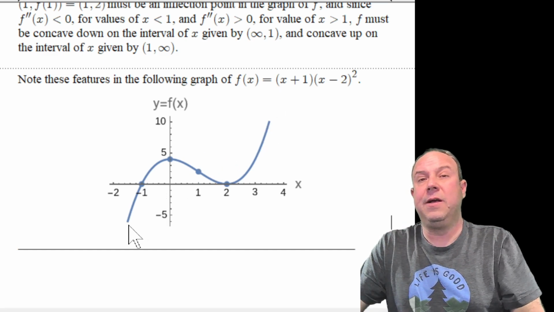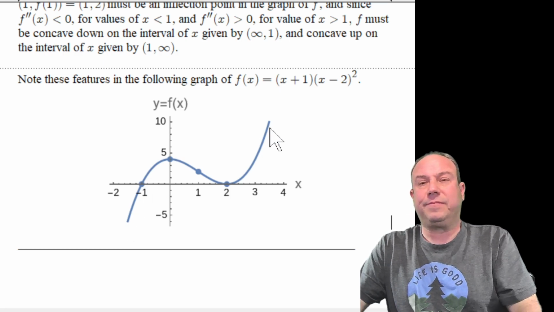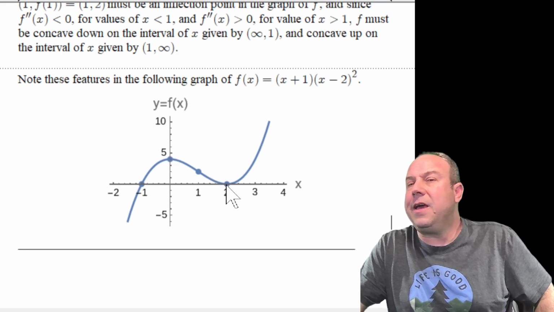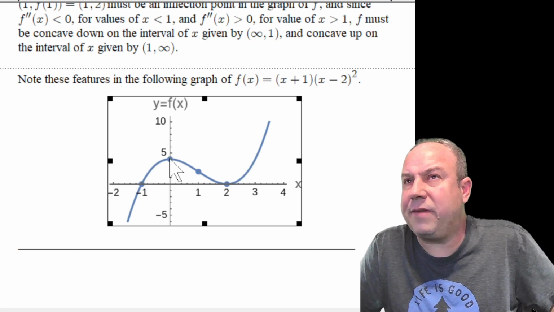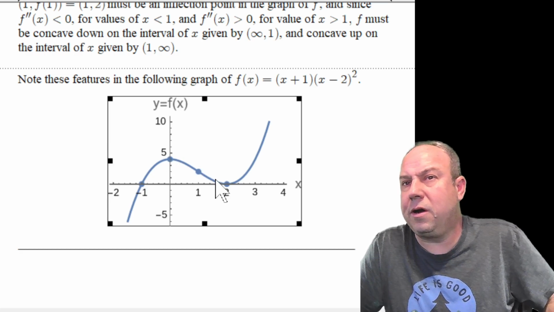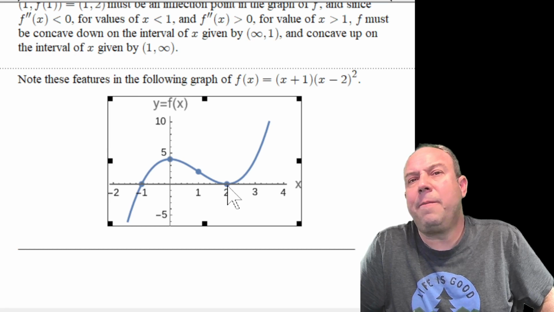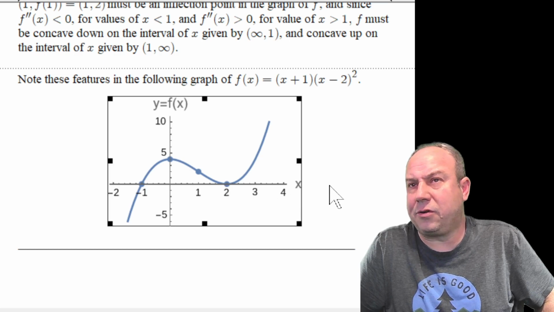We can see there the left end points down, the right end points up. We can see those extreme values we found at 0 and 2. The local max being at 0, being the value f at 0, which was 4, and the local min, right, being 0 when x is 2 in our function.